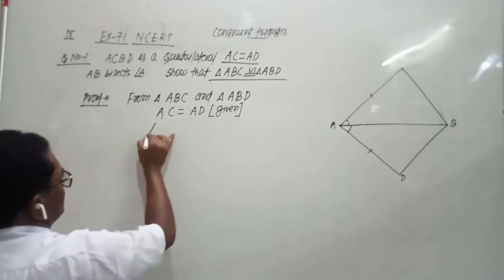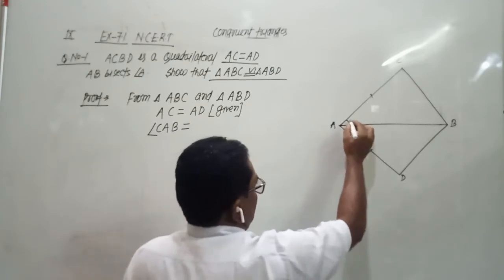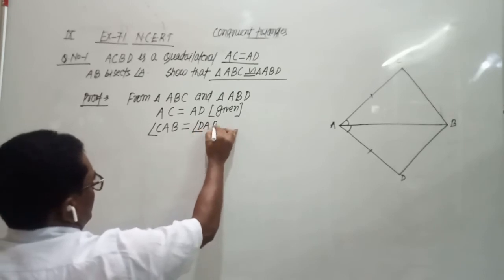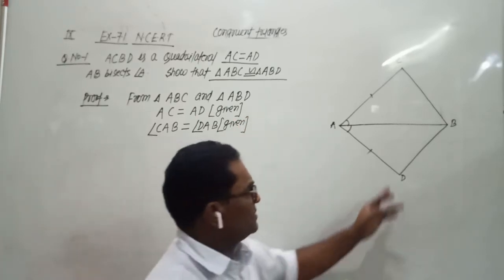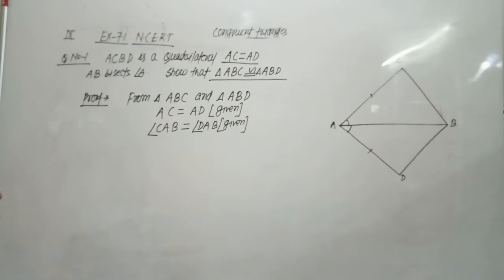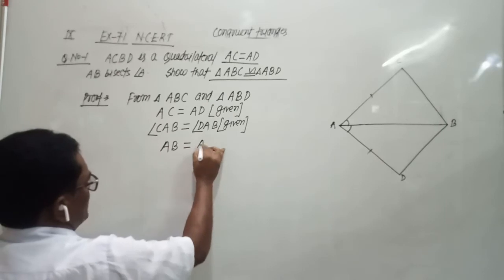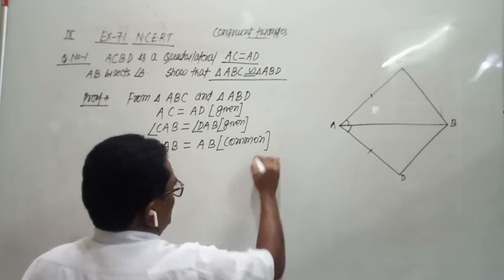Angle CAB equals angle DAB, this is also given because AB is the bisector of angle A. And side AB equals AB, which is common for both the triangles.